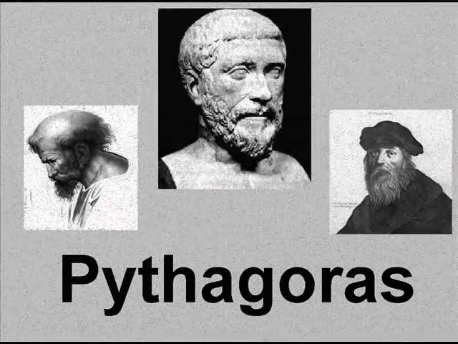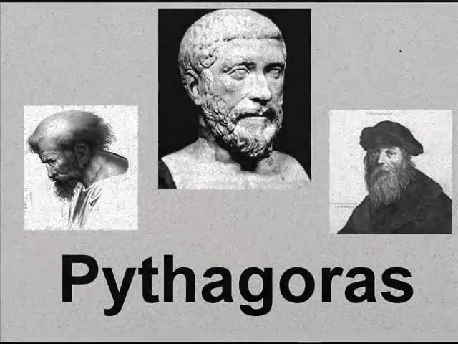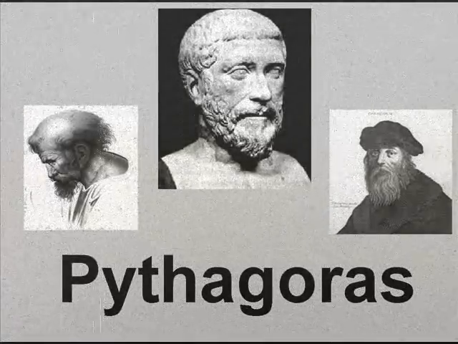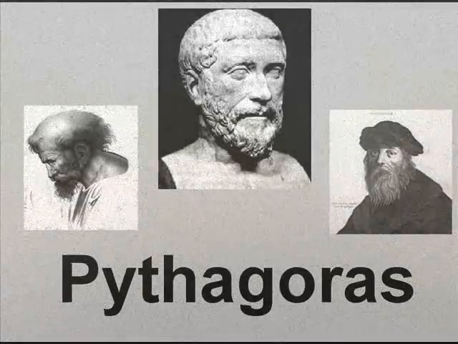Pythagoras died in 475 BC. His death is still unclear. In commemoration of him, they created the Pythagorean Society.